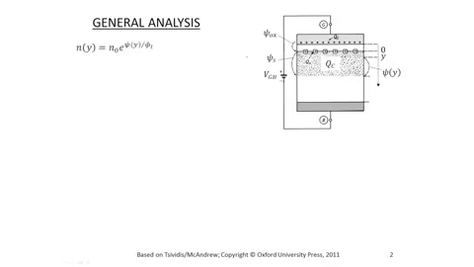So we start with this equation, which we have already used. This relates the ratio of electron concentration at a point y to the bulk, so n of y to n0. And we have the exponential that involves the potential from the point we're interested in to the bulk, Psi of y, divided by the thermal voltage.